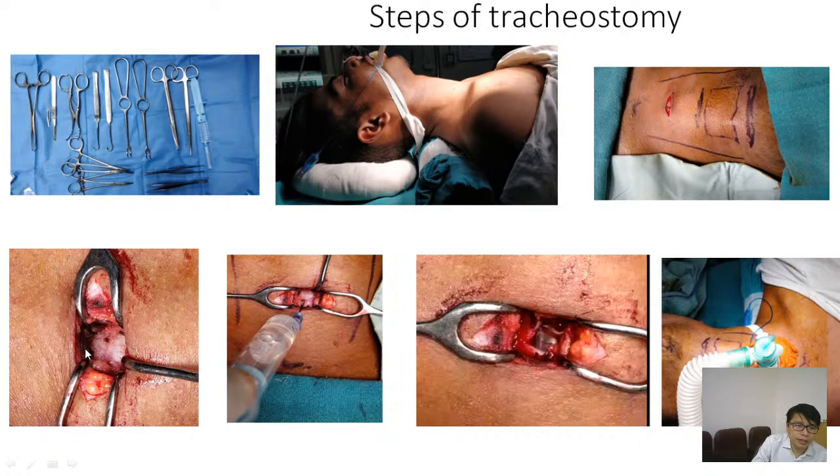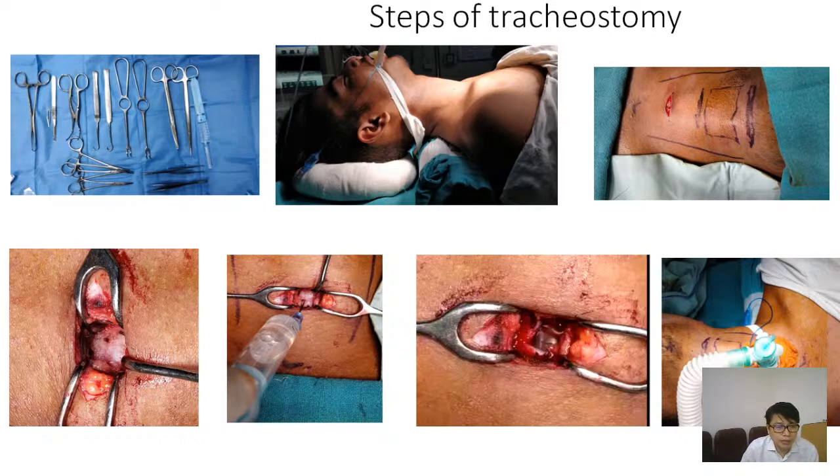After giving the incision, we go through the skin and subcutaneous tissue, then the investing layer of the cervical fascia, then we reach the strap muscles. We retract the strap muscles, the outer strap and the inner strap, that is the sternohyoid and the sternothyroid muscles, laterally on both sides. Once we retract these strap muscles, we encounter the thyroid isthmus.